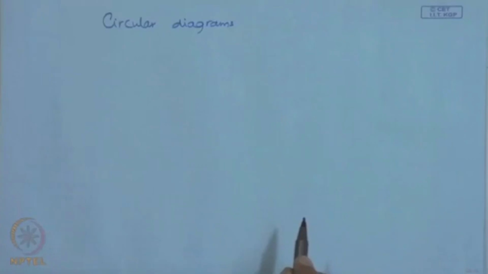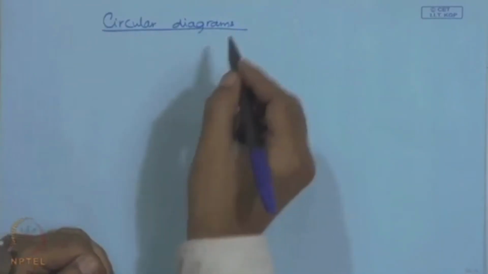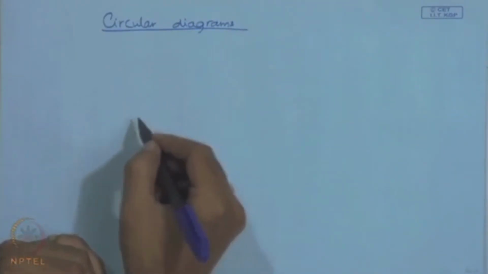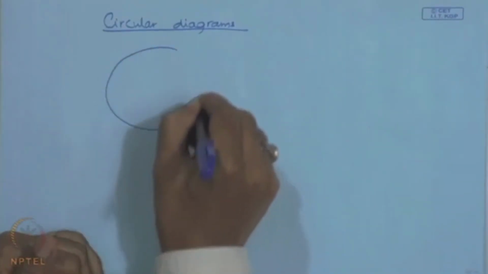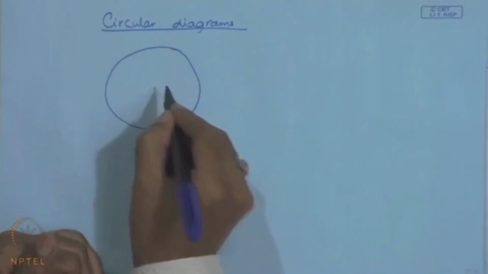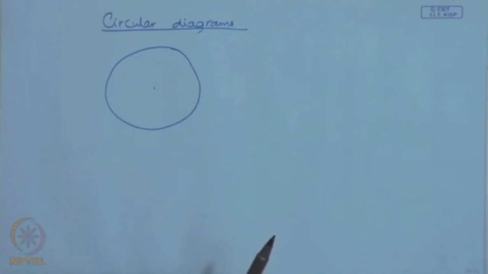Basically, these are the pie charts, and the area of the circle represents the total ionic concentration.